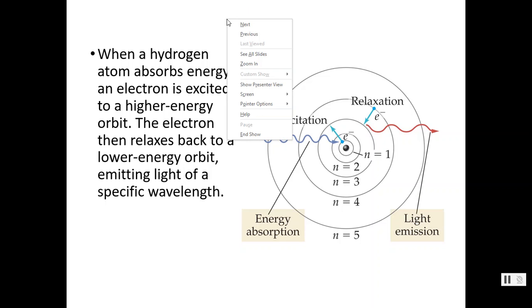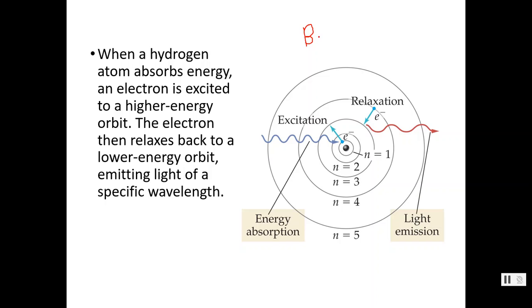Hello everyone, welcome back. When we last spoke in the previous video in this chapter, we introduced this concept of where electrons are in an atom with a model called the Bohr model of the atom. This cartoon down here is illustrating the Bohr model of the atom.